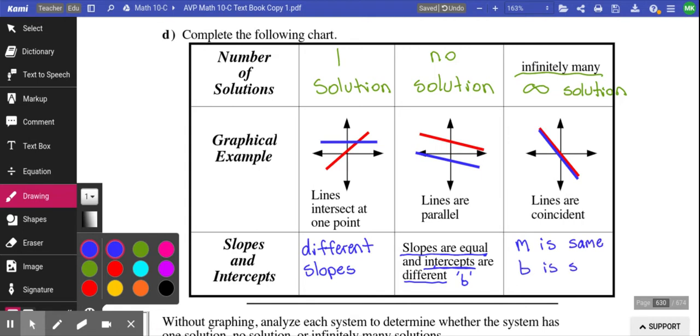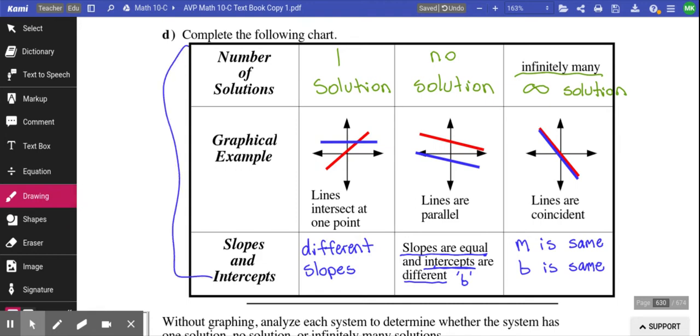What you have is two lines that are the exact same on top of each other, and you have infinite solutions. Again, these are the only three scenarios that you'll ever run into for linear equations. Again, linear equations are equations that are straight lines.